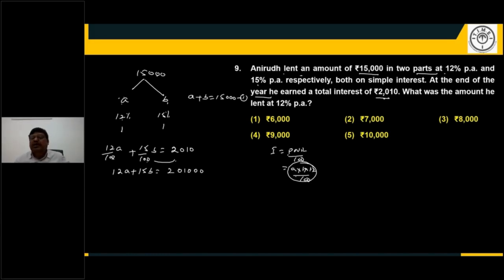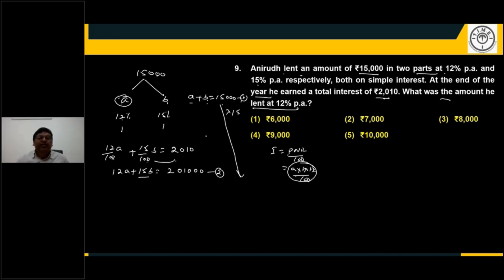Now you want to know, students, what was the amount lent at 12% per annum, which means you need the A value. If you need the A value, cancel B. There are two variables A and B, one equation here, one more equation here. Students, I have 15B here, I have 1B here, so multiply this equation with 15, please, both sides.